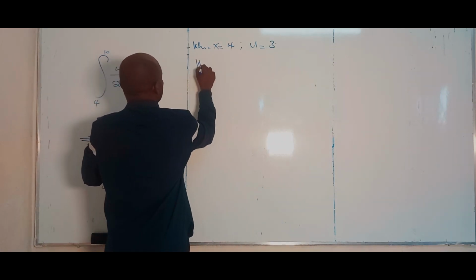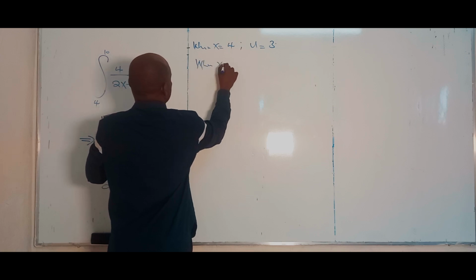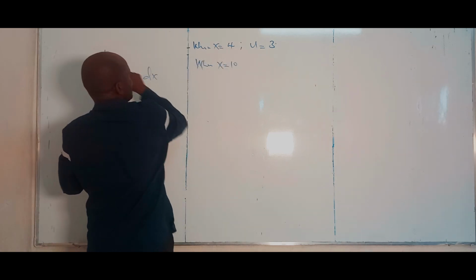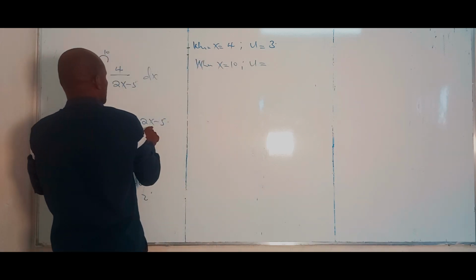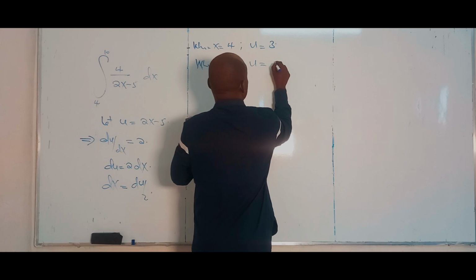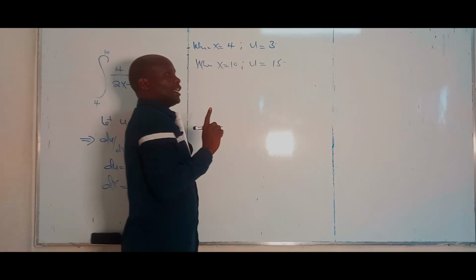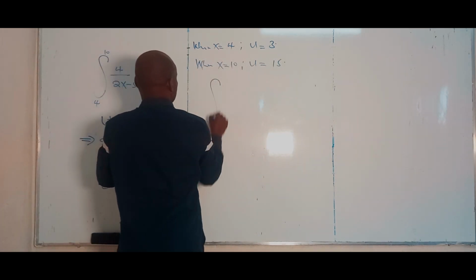Then when x is 10, u will be 20 minus 5, which is 15. So effectively, I now have the new limits for my integral.